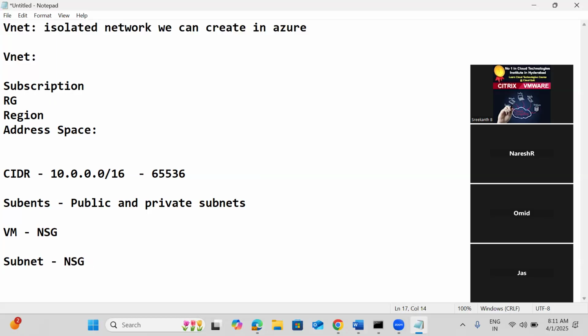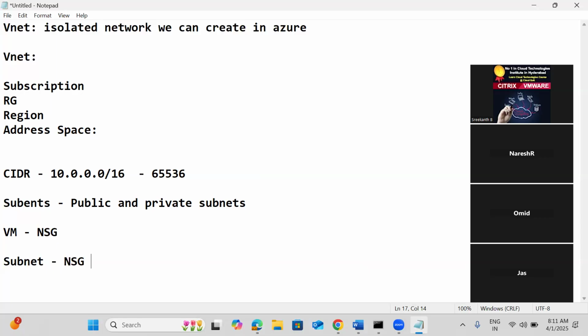One NSG is at the subnet level, one NSG at the VM level or inside the resources we can configure. But while creating the subnet, we are creating the NSG at the subnet level, not at the VM level.